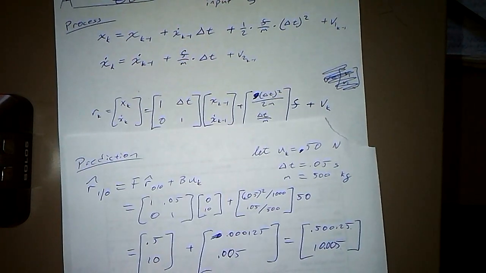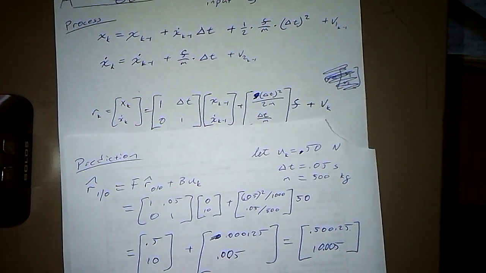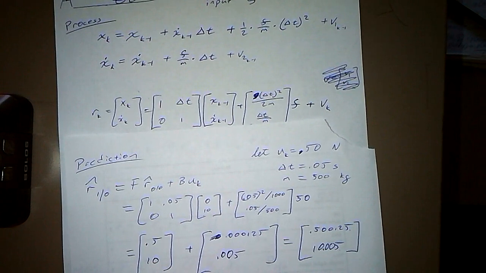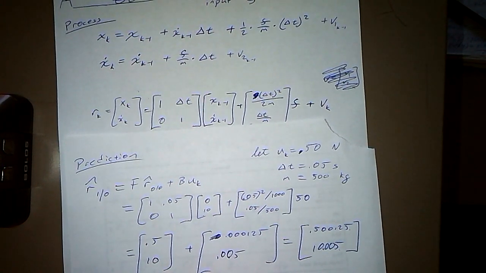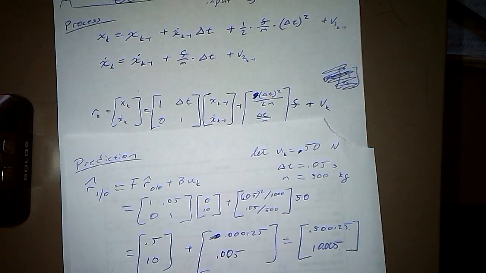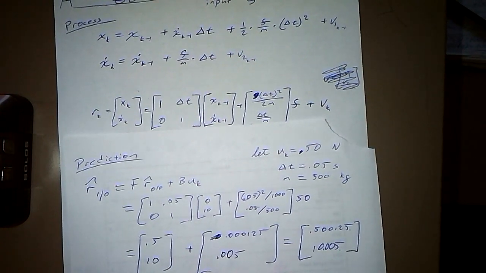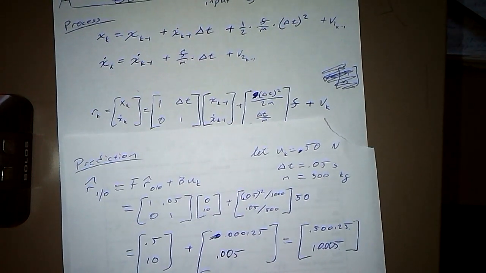And then our predicted error covariance just comes from the prediction equation. So F times P00 F transpose plus Q. And so this is F, the 1, 0.05, 0, 1 matrix, times the identity matrix times F transpose.